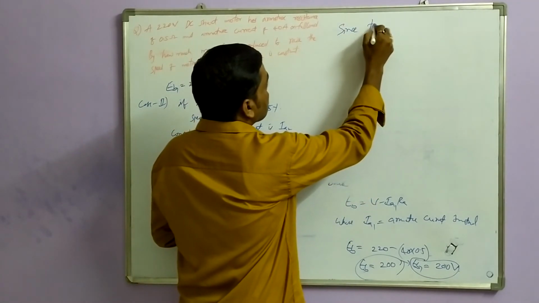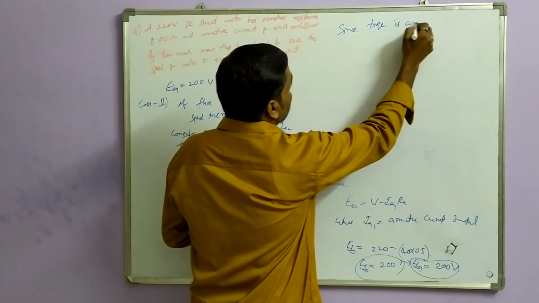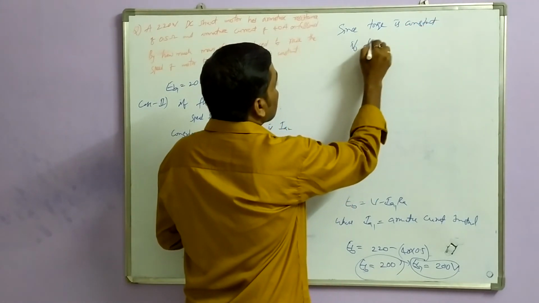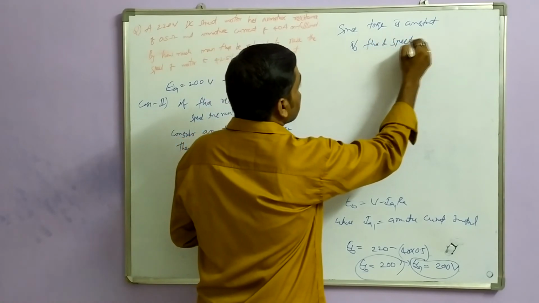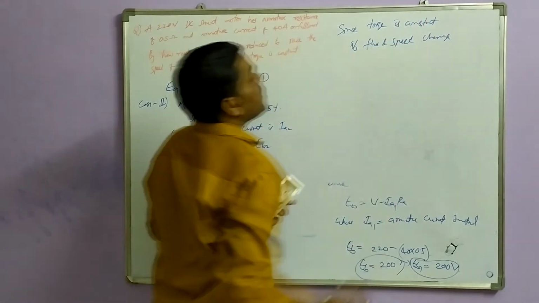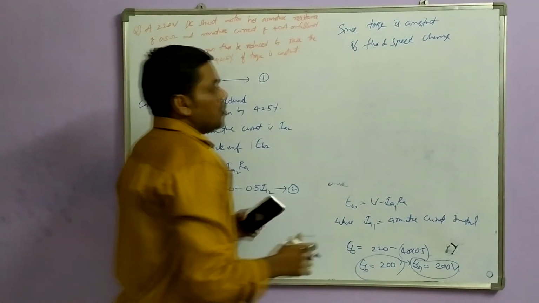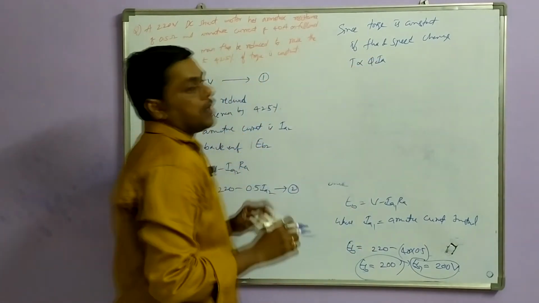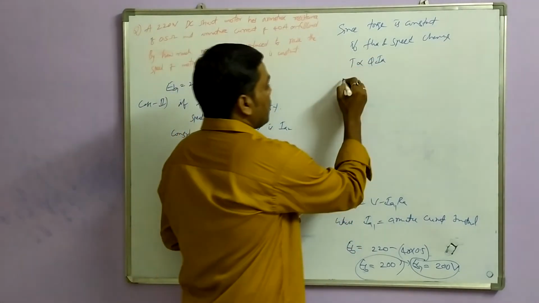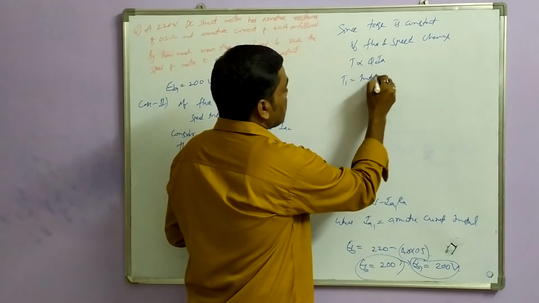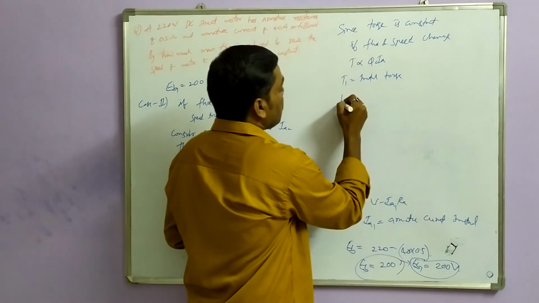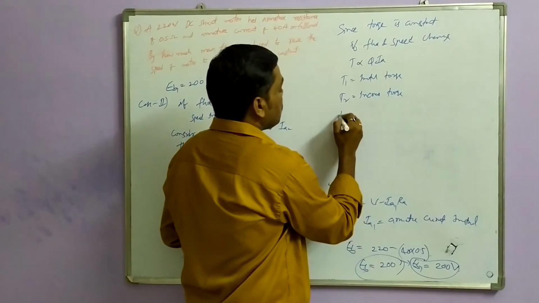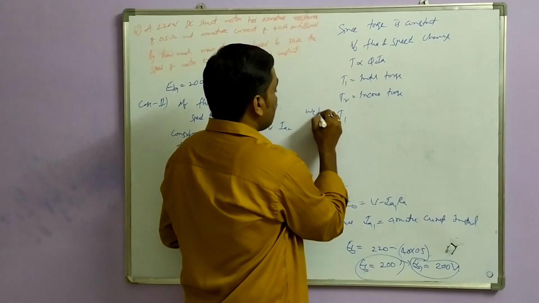Since torque is constant, if flux and speed change, T is proportional to phi into Ia. T1 is the initial torque and T2 is the increased torque.